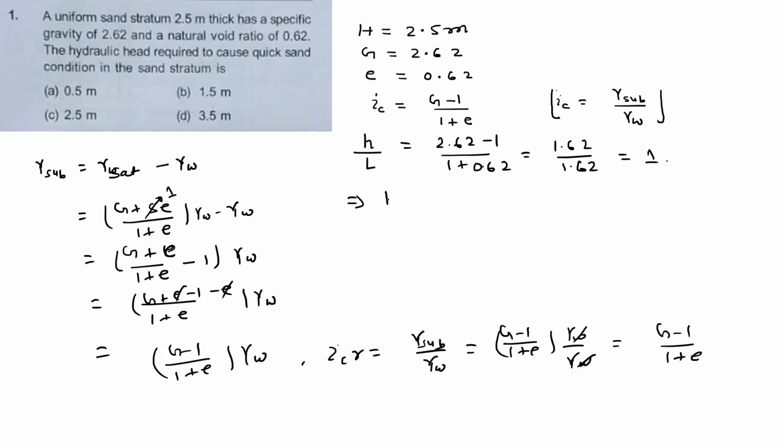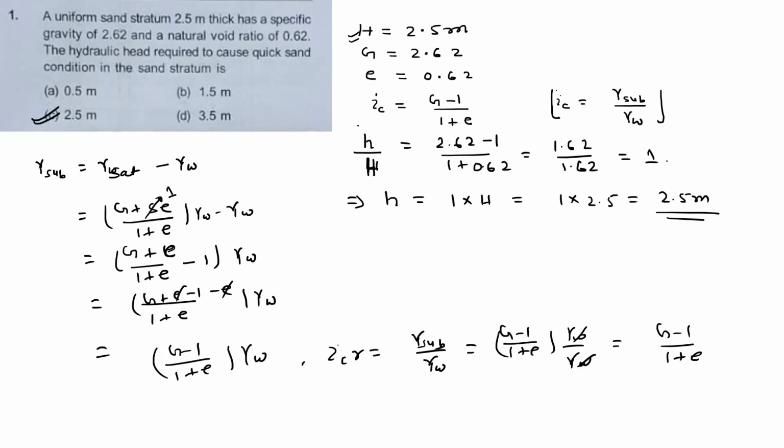This is capital H, the length of flow, capital H here. So this is equal to 1 into 2.5, which is equal to 2.5 meter. So this will be the answer, 2.5 meter.